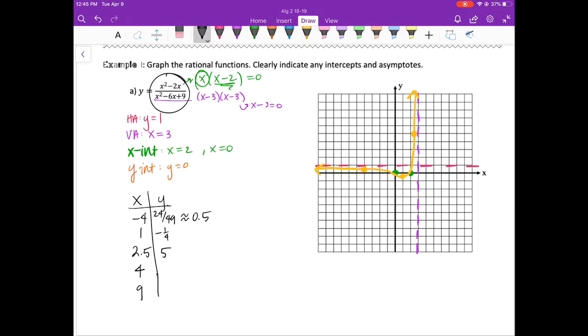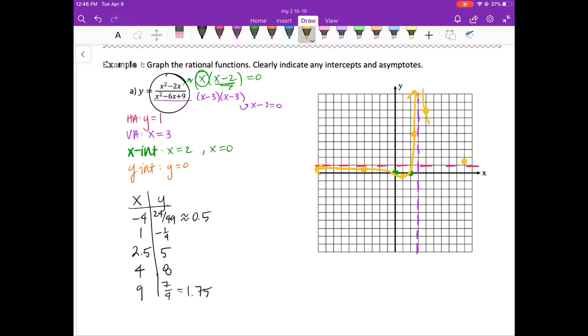So plugging in +4 into our function, we actually get +8. So we've got a point all the way up here. And then plugging in +9, just because, we end up getting 7 over 4, or 1.75. So that takes us about here-ish.